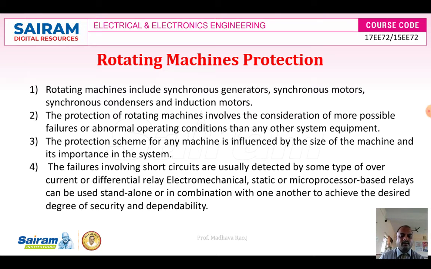These are all called rotating AC type machines. The transformer does not have any rotating part; it has all static parts. But rotating machines like synchronous generator, synchronous motor, induction motor, DC generator and DC motor are all machines which have a rotating part, called the rotor.